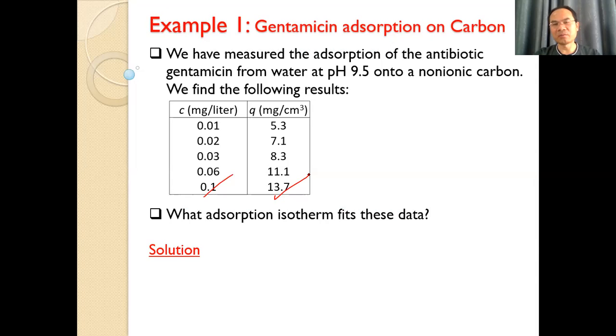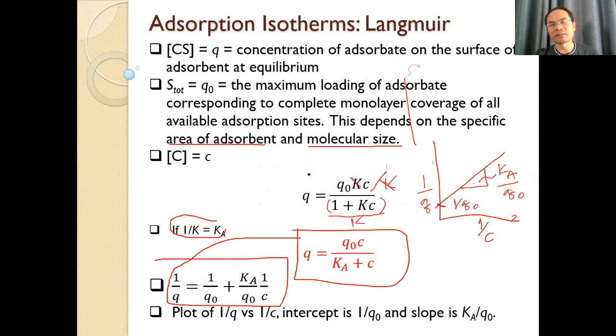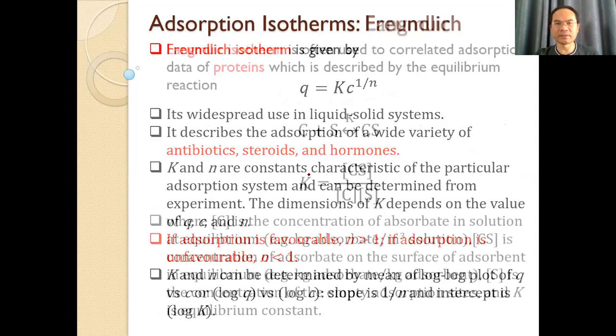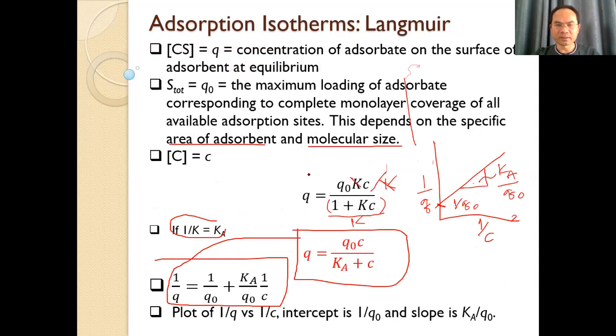For this case, we show you only three. If you plot Q and C, if Q versus C is linear, we can conclude that this is a linear isotherm. If you plot 1 over Q versus 1 over C, if it's linear, you can conclude it is the Langmuir isotherm.